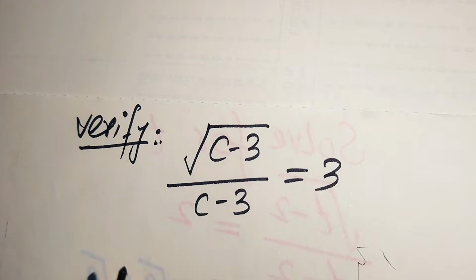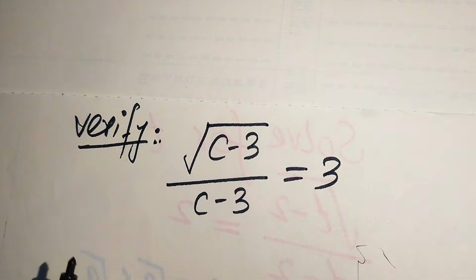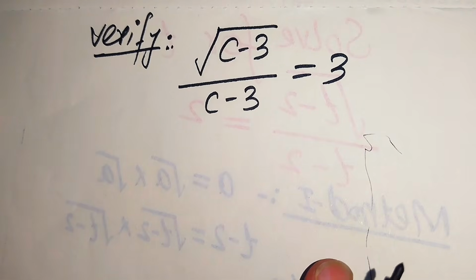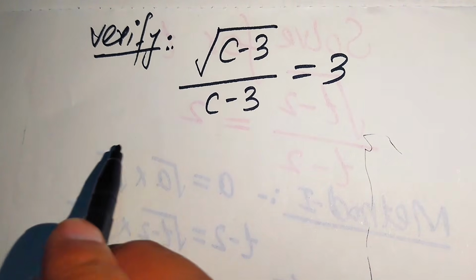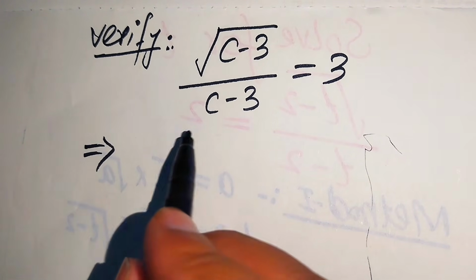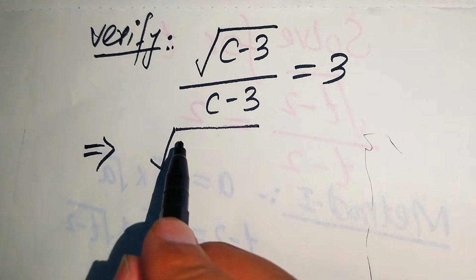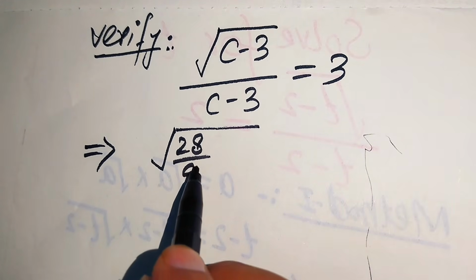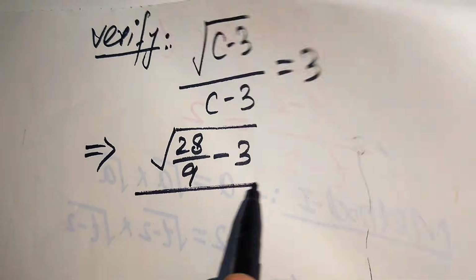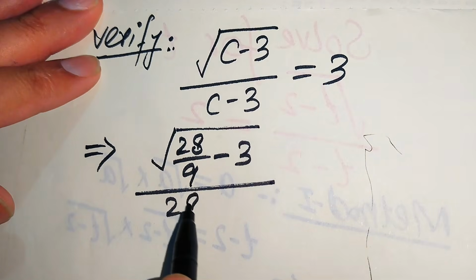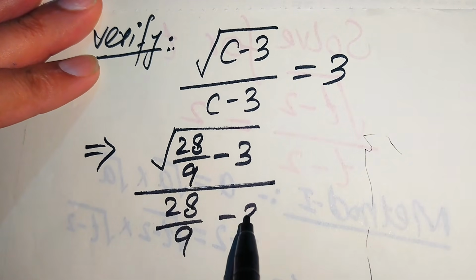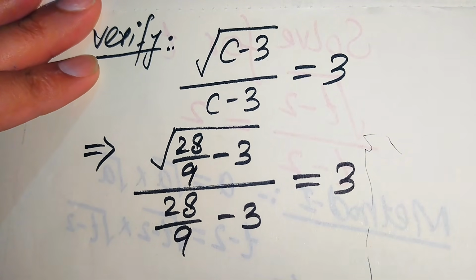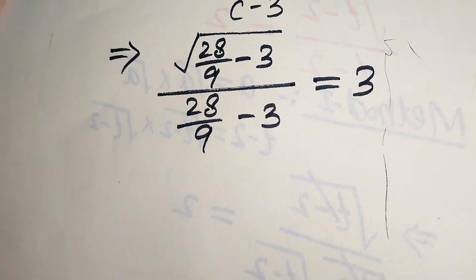So this is our given question statement, and in this case we substitute the value c equals 28 over 9 into the left-hand side and check its behavior. So when we put it here it becomes square root of 28 over 9 minus 3 divided by 28 over 9 minus 3, is it equal to 3 or not? This is our claim.